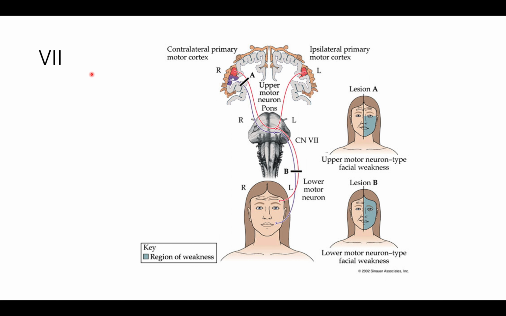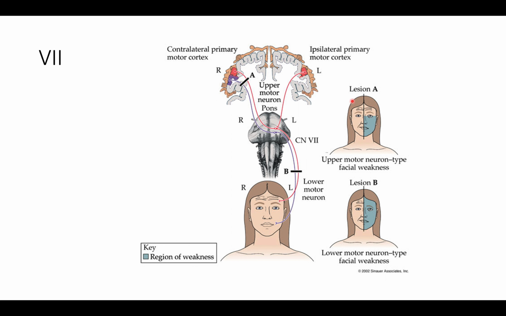So this is cranial nerve number 7, which is the facial nerve, right? There is a very important difference between upper motor neuron facial weakness and lower motor neuron facial weakness.